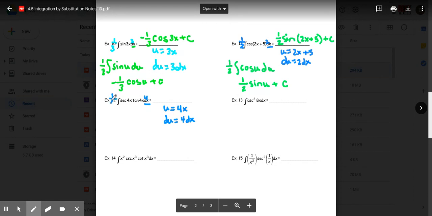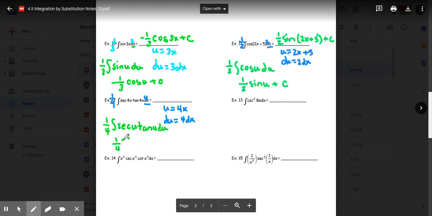And if I put a 4 in, I have to compensate and multiply by 1/4 on the outside. So that's going to give me 1/4 the integral of secant u tangent u.